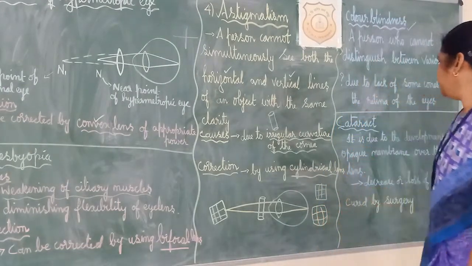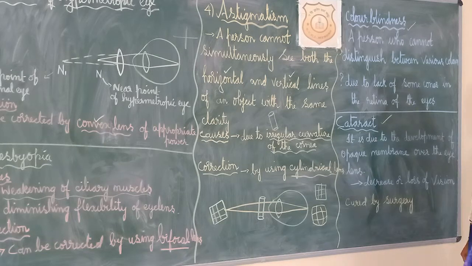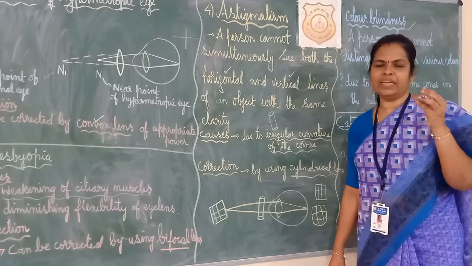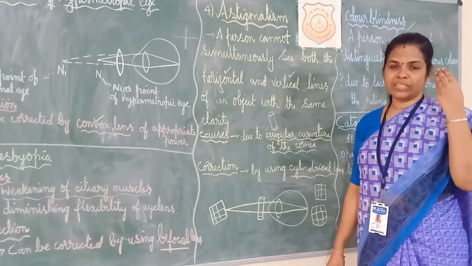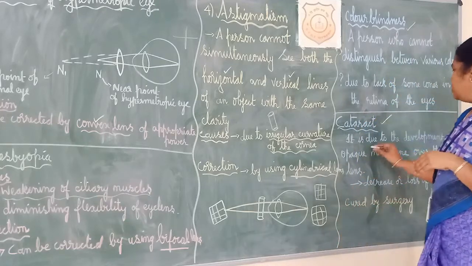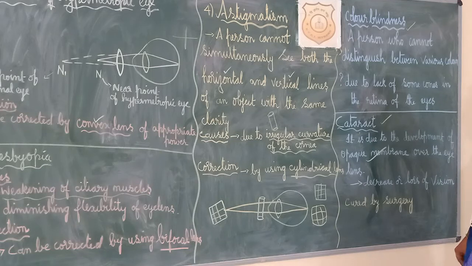Okay, and cataract. What do you mean by cataract? If you have a grandfather or grandmother at home, after a certain age they will complain that they are not able to see things clearly. And if you see their eyes, a layer-like thing will cover their eyes. Have you seen that? It is due to the development of an opaque membrane over the eyes.